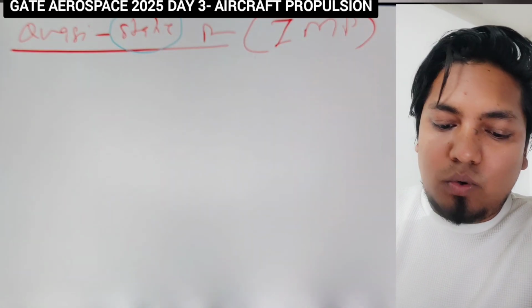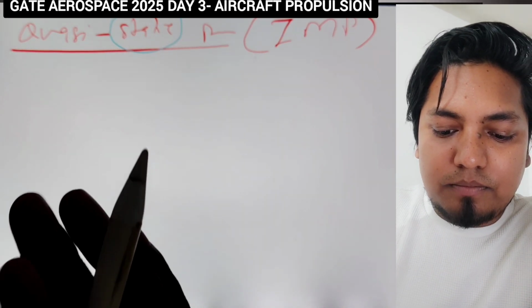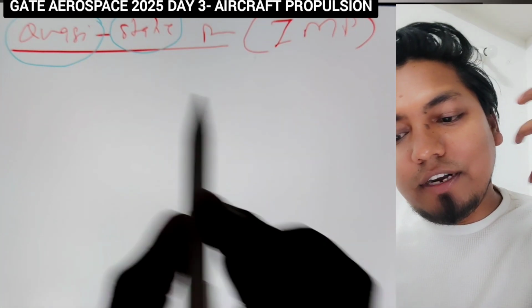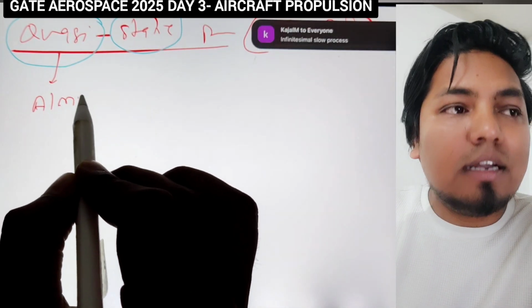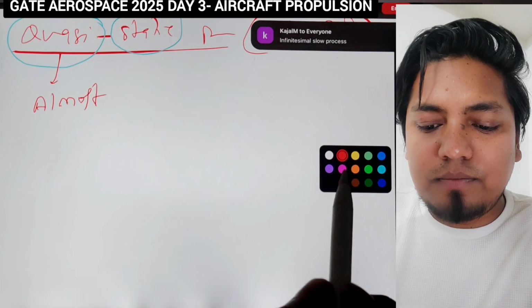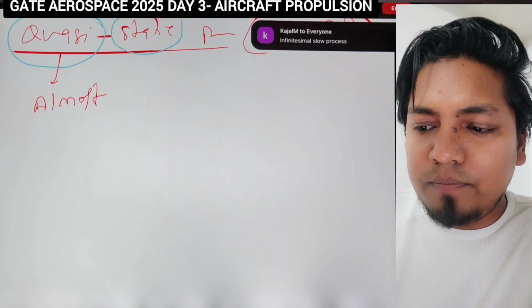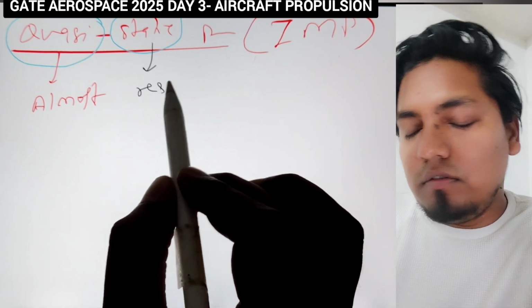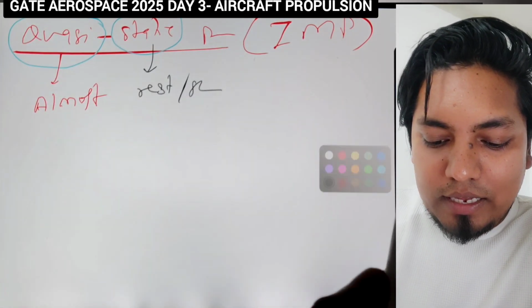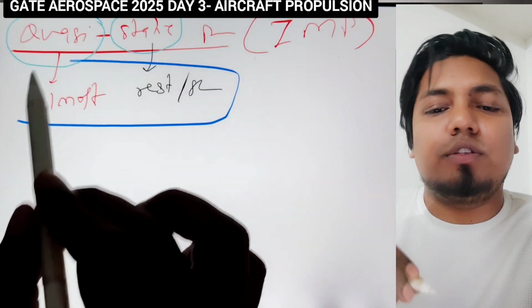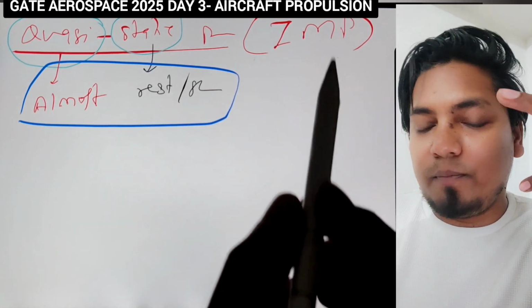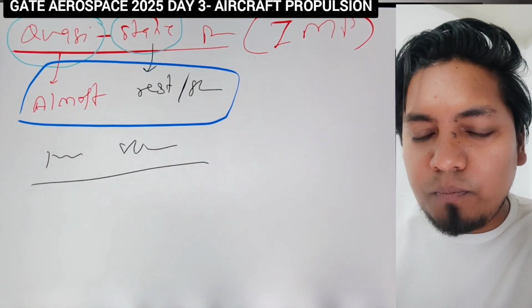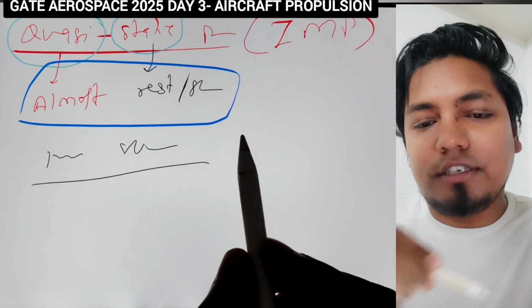Infinitesimally slow process. Static means you can say rest or stationary. So almost stationary. Another technical word, what Kajal said just now: infinitesimally slow process means the process is running, but infinitesimally slow, very slow. For example, growth of hair.